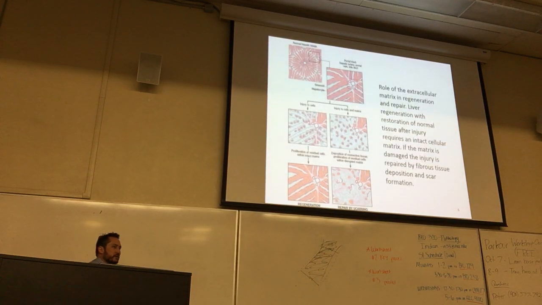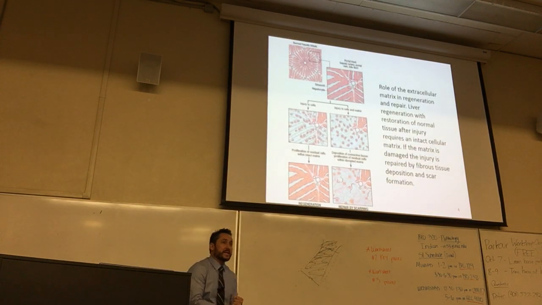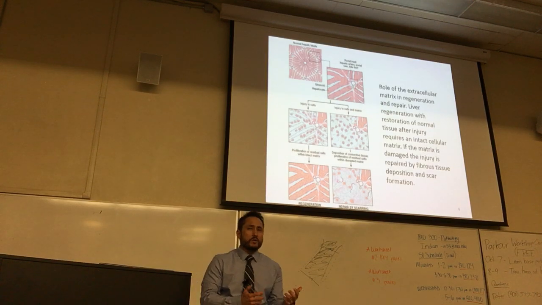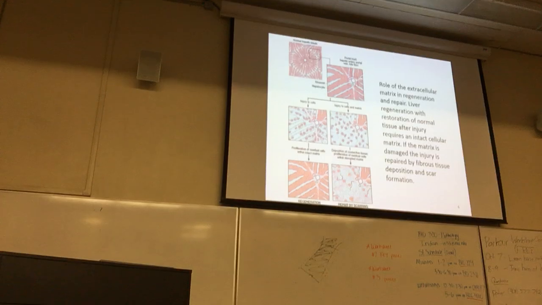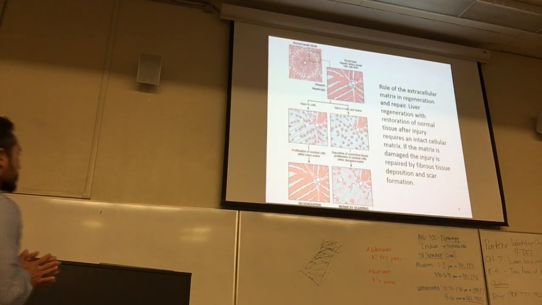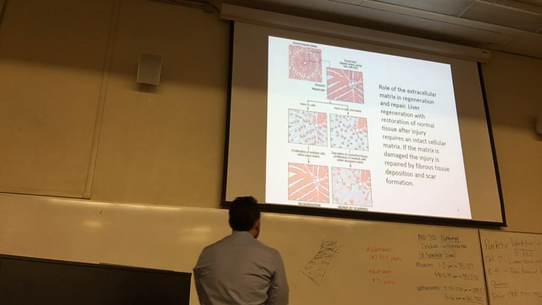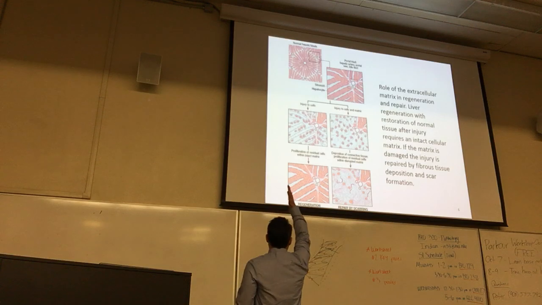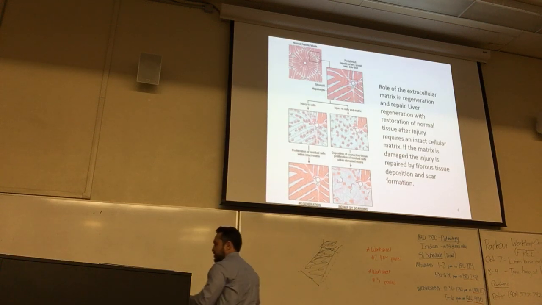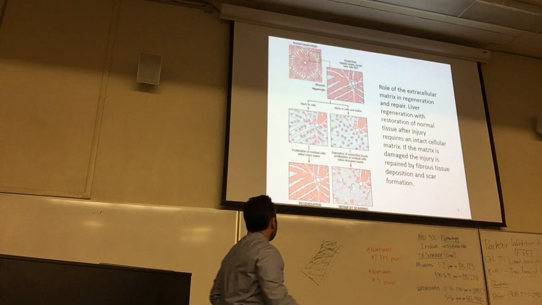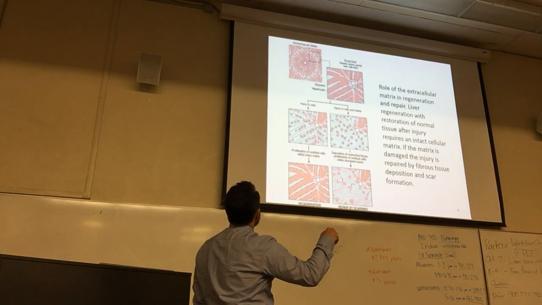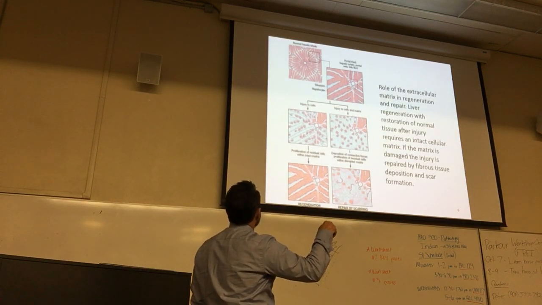So when we have injury, how does the body discriminate between when it forms a scar and when it doesn't form a scar? One of the ways that it does this is, you can see on the left panel is regeneration, and on the right is scarring, or healing. This is a hepatic lobule, so we've zoomed in on this box.